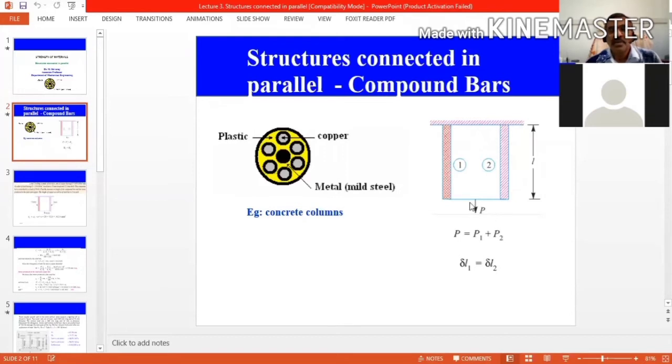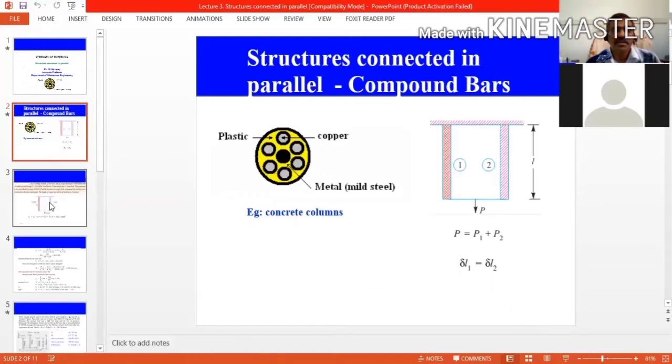Member 1 and member 2 will not take an equal amount of force; it depends upon their properties. Say member 1 is taking a load of P1 and member 2 is taking a load of P2. Hence, the relationship for force is P = P1 + P2 when the members are connected in parallel, that is, a compound bar. And for deformation, delta 1 is equal to delta 2.